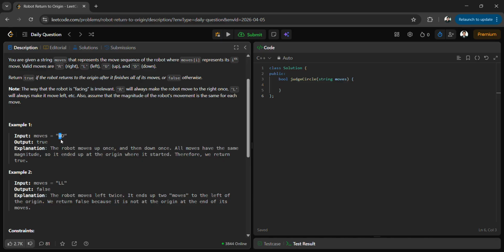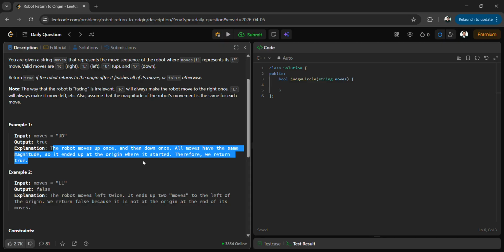So the robot moves one step along the y axis, and then we do down, so it goes towards the y dash axis. Now it comes back to its origin, so we return true, as the explanation also says: the robot moves up once and then down once. All moves have the same magnitude, so it ended up at the origin where it started, therefore it returns true.